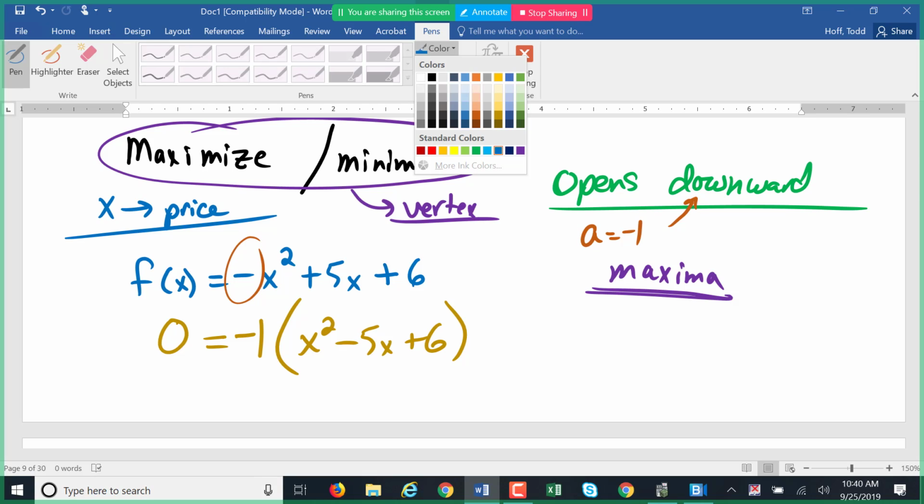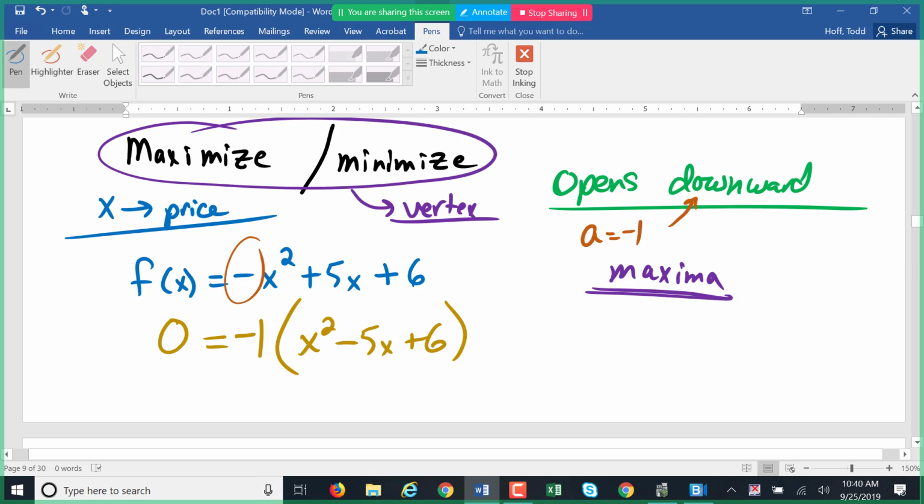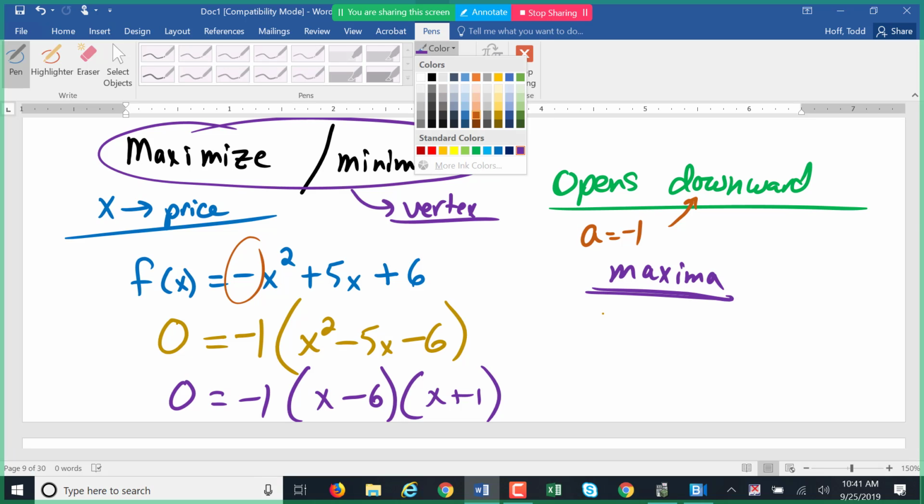So this is going to be x squared minus 5x minus 6 here. And we can factor that piece. We still got the negative 1. This will be x minus 6 and x plus 1. Those are our roots.